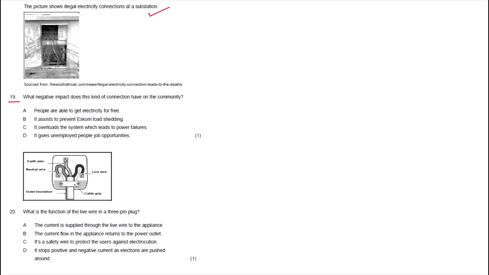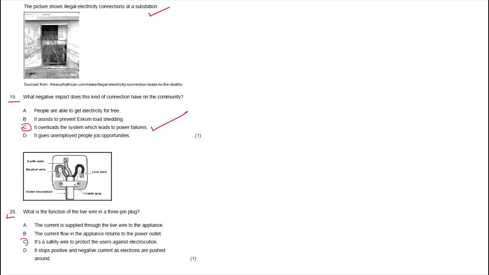So we know that illegal connections draw too much current, which results in power failure. So our correct answer will be C. So it overloads the system, which leads to power failures.